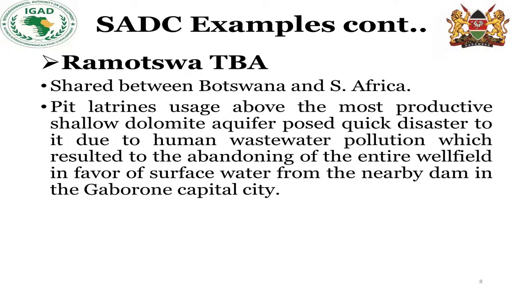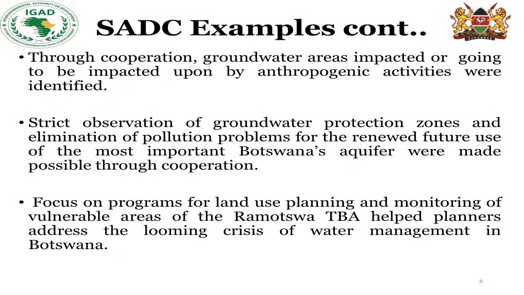It is a shallow aquifer, a dolomite aquifer, and due to its location in a rural setting, there are a lot of pit latrines that are used, and due to the geological formation of that aquifer, there was a lot of contamination from the waste from pit latrines, and therefore cooperation between Botswana and South Africa enabled management of the aquifer.